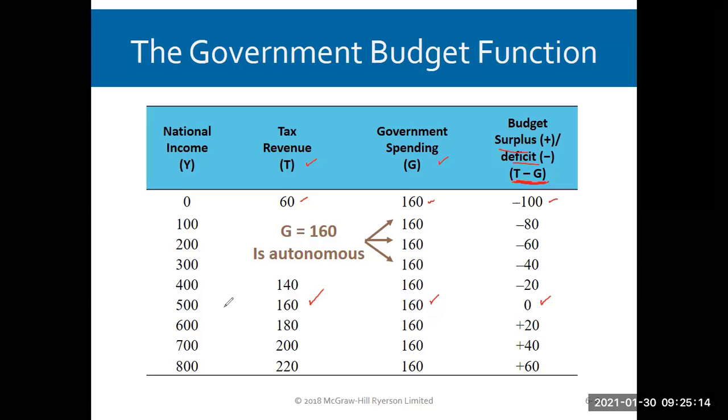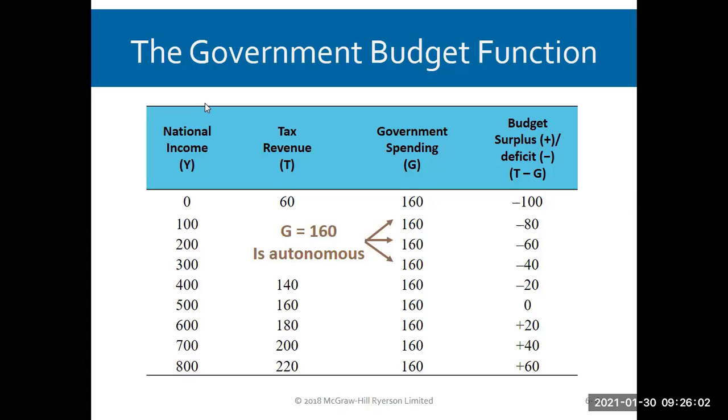And if we continue to go up the range of incomes as the level of income in the economy rises, we would see tax revenue would be 220 in that particular period of time, but government spending would still be the 160 because it was autonomous. So we'd end up with a budget surplus of 60. Taxes minus government spending is 60, a positive number.